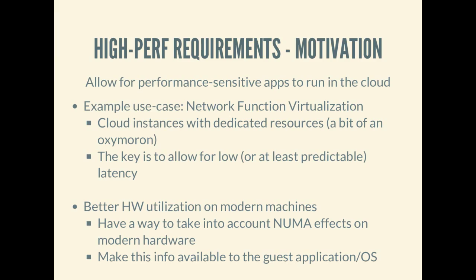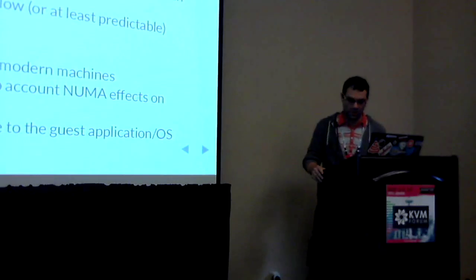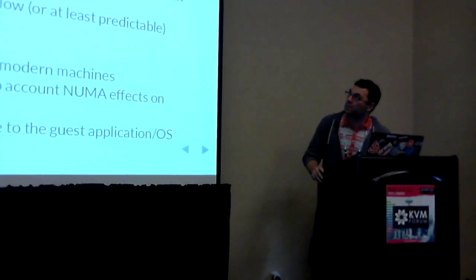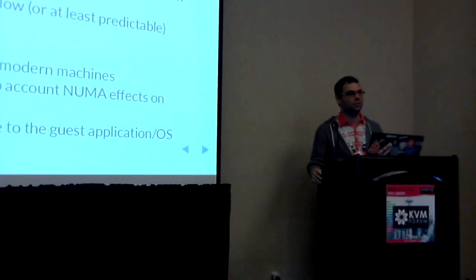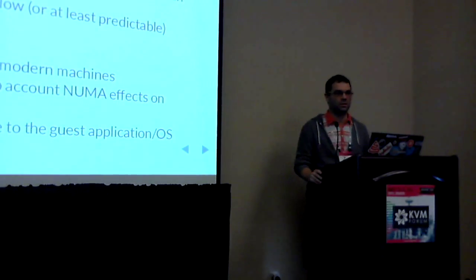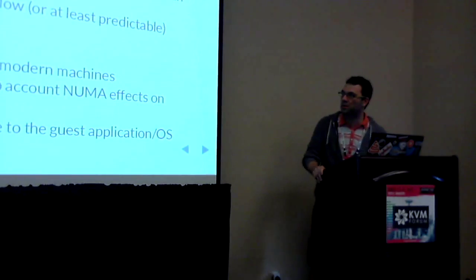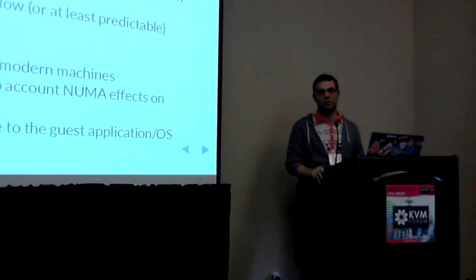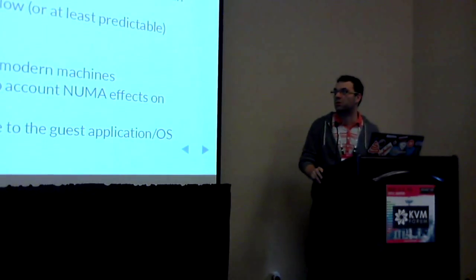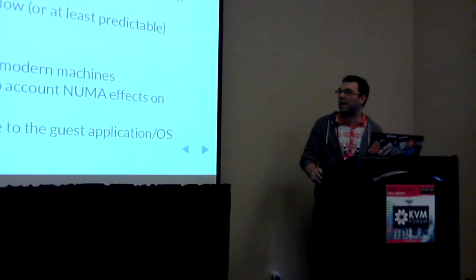Okay, so a little bit about why high performance is important, why it was interesting for people, why people were asking for these features. One example is network function virtualization. We've heard a number of talks about this yesterday, and how it can be done. The idea is that you want to virtualize and eventually move into your cloud your packet processing.